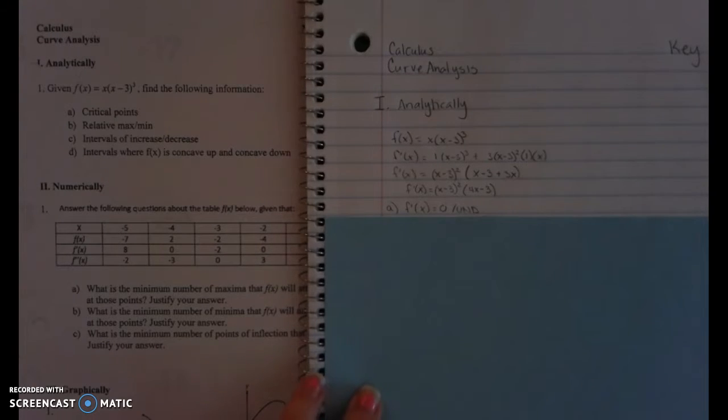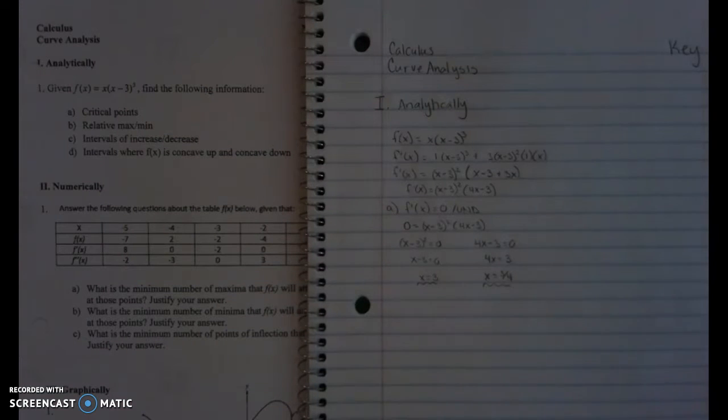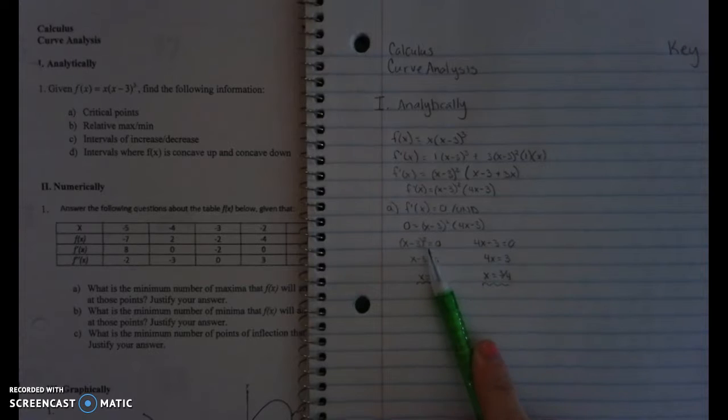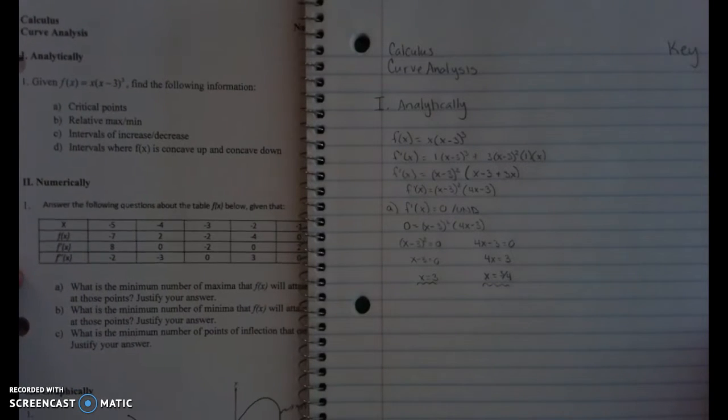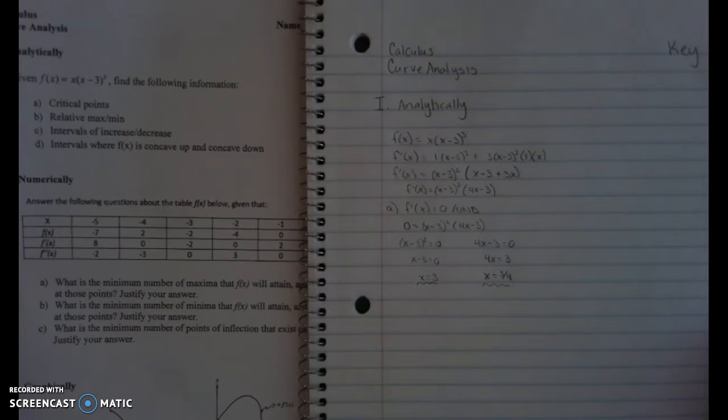So I took both pieces, the (x minus 3) squared, and I set that equal to 0, and you get x equals 3. And you also take 4x minus 3, set that equal to 0, and we're going to get x equals 3/4. Okay. From there, we are actually going to be able to find our relative max and min.